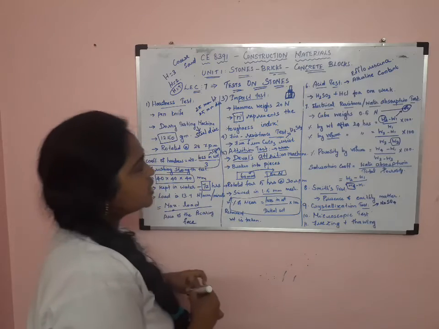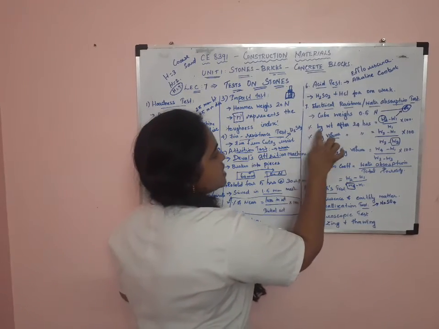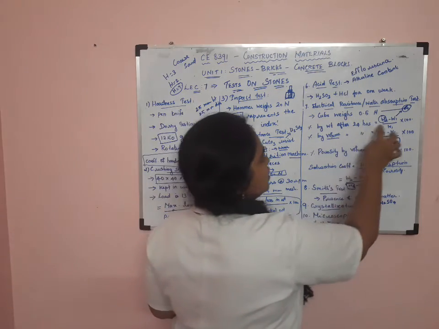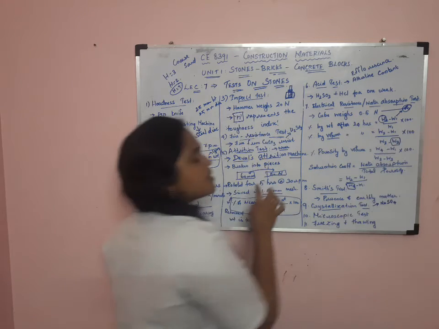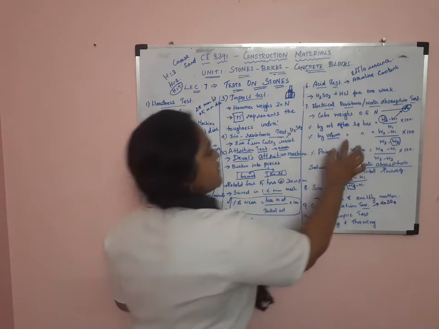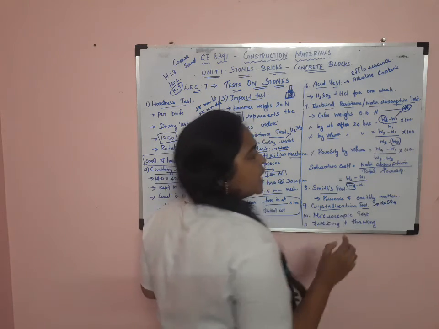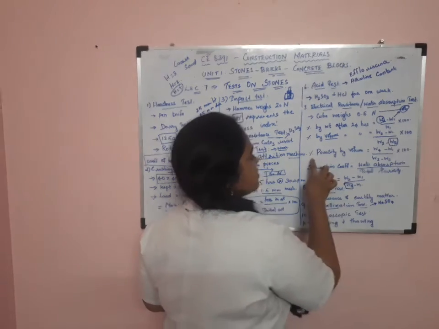Now find out the water absorption values. Percentage by weight after 24 hours is equal to (W2 minus W1) by W1 into 100. Percentage by volume after 24 hours is equal to (W2 minus W1) divided by (W2 minus W3) into 100.